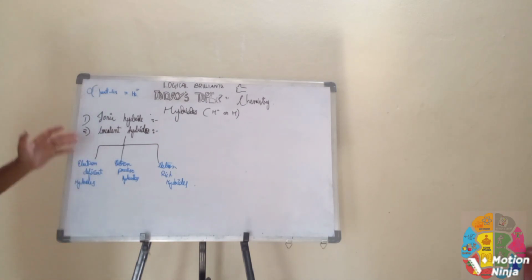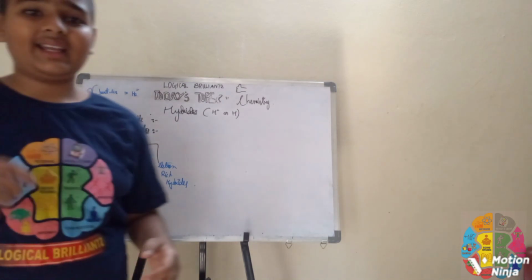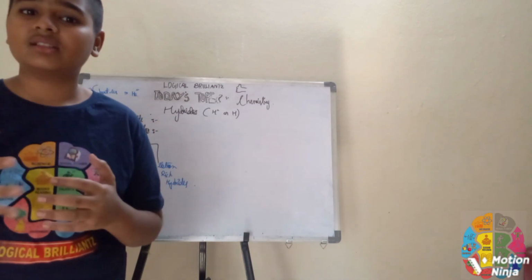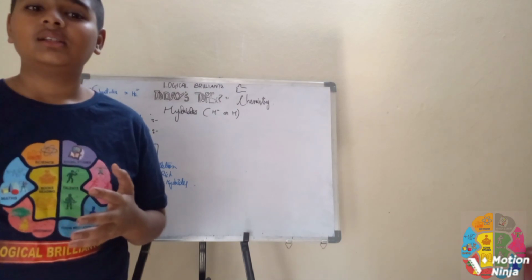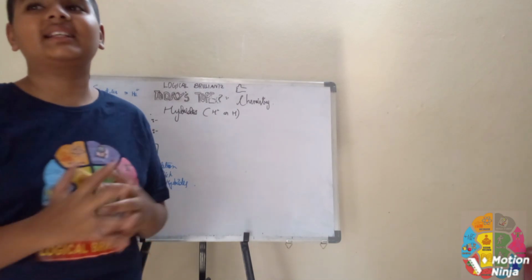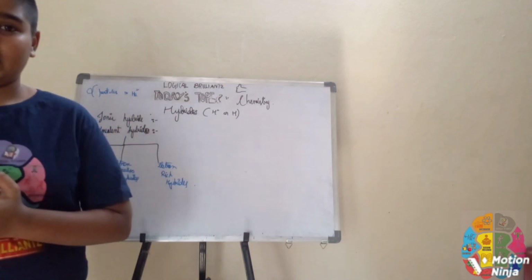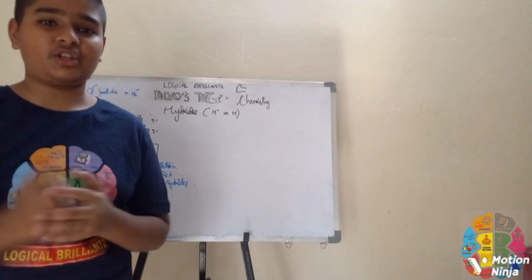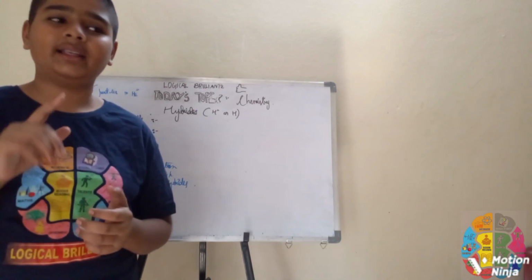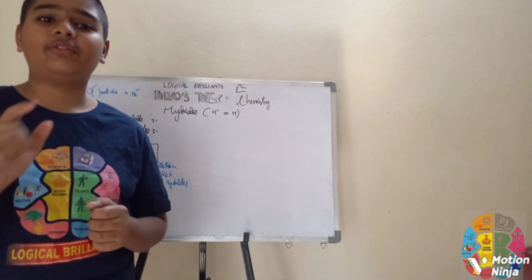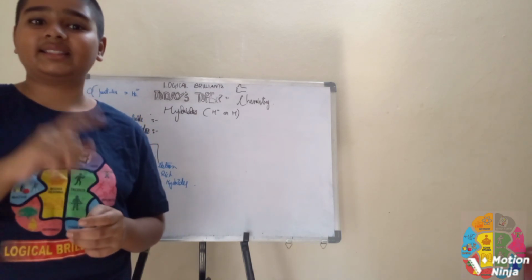First one, electron deficient hydrides. When an atom combines with hydrogen, still it has a deficiency of electrons. For example, boron hydride BH3. It has a deficiency of 2 electrons because it needs 8 electrons, but boron has 3 electrons and 3 more are filled with hydrogens. So there are 6 electrons.